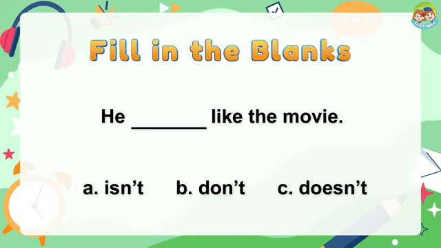He blank like the movie. You see, he goes with doesn't, and there's the base verb like. The answer is C. He doesn't like the movie.